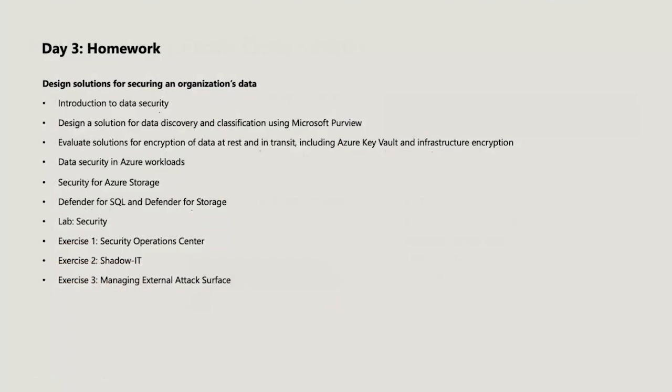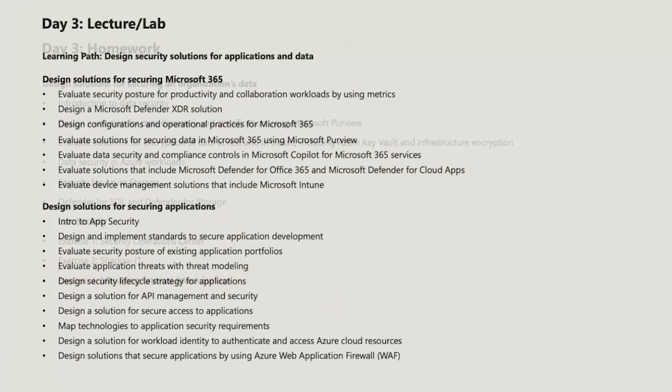So for a quick summary, here is what we have completed so far. In day 3, we completed the discussion around designing solutions for securing Microsoft 365. What comes in the Microsoft Defender solution: Defender XDR, Defender for Endpoint, Defender for Identity, Defender for Office 365, vulnerability management, Defender for Cloud Apps. We discussed all these things. Also, what comes in securing data in Microsoft Purview, and how Microsoft Copilot and Security Copilot are going to help you in this.